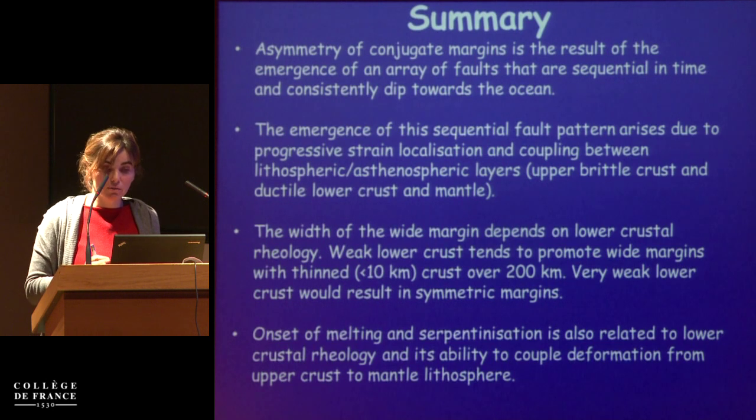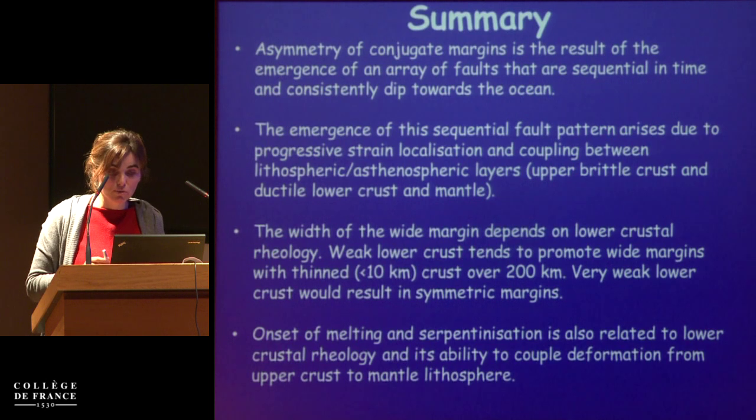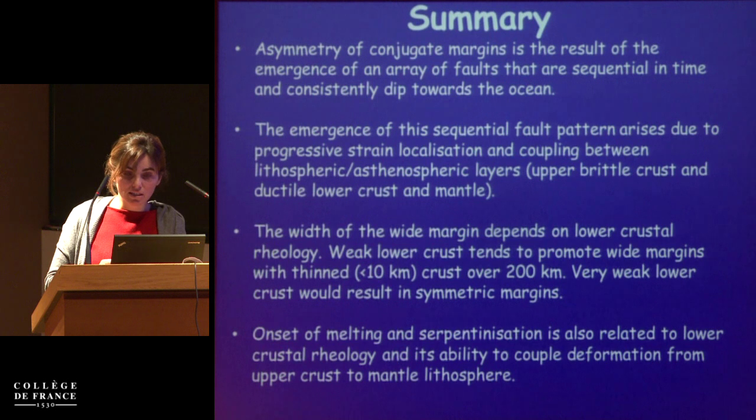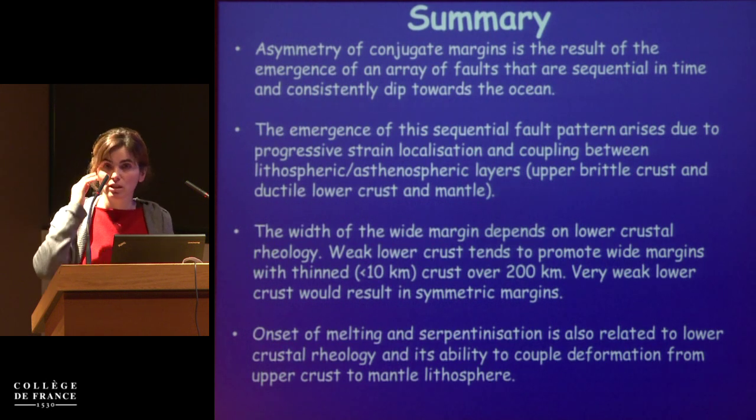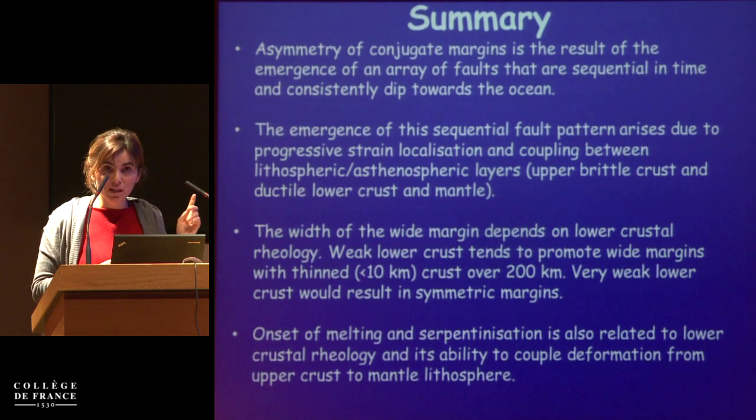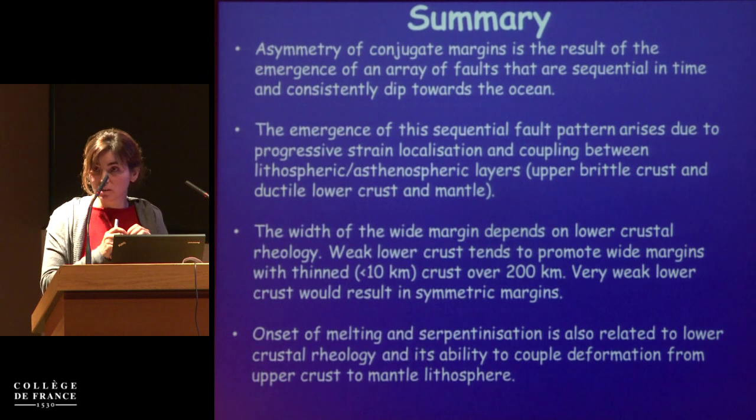So in summary, we have seen that the asymmetry of these margins is the result of the emergence of an array of sequential faults that dip consistently towards the ocean, that this sequential fault pattern arises due to progressive strain localization between upper crust, lower crust, and mantle, that the width of the wide margins depends on lower crustal rheologies, and that weak lower crustal rheologies tend to promote wide margins with very thin crust, less than 10 kilometers, over very wide widths.